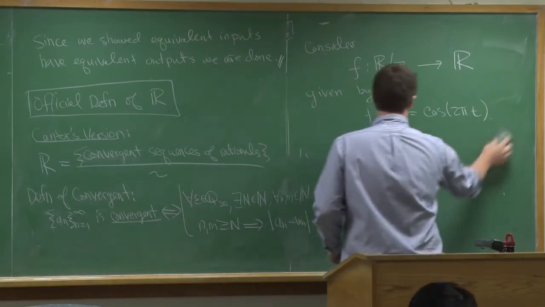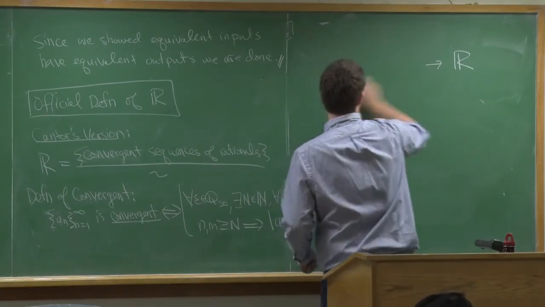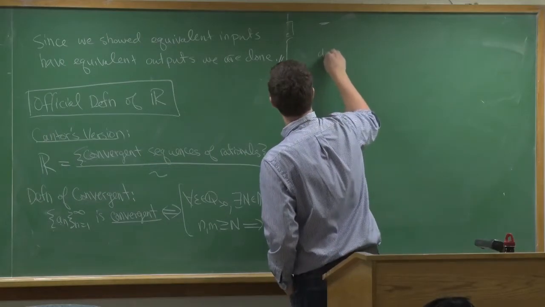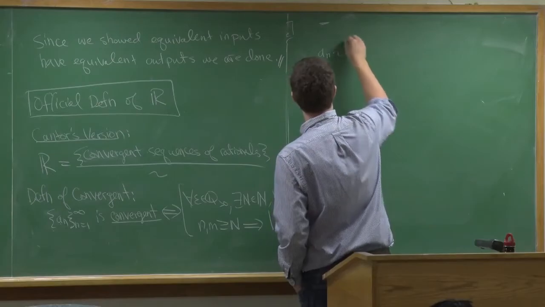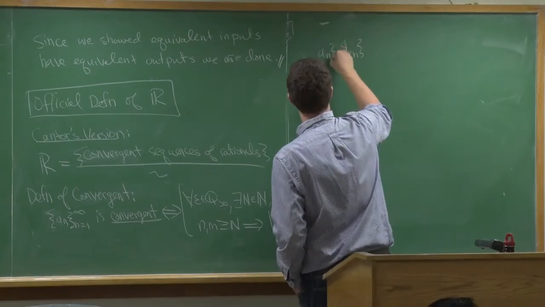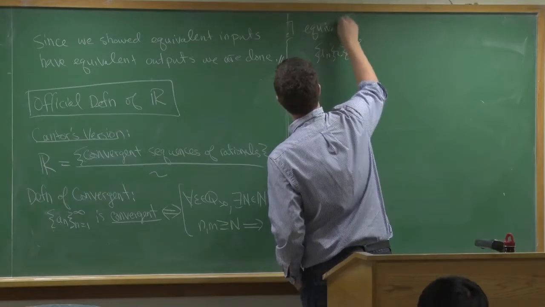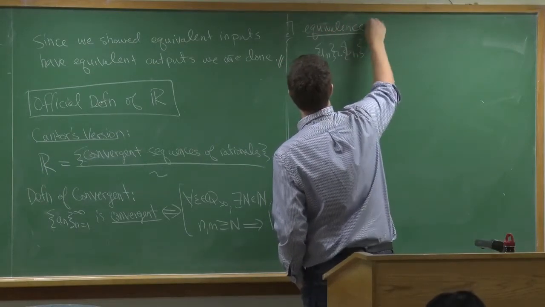And then we define an equivalence relation between two sequences, a_n and b_n.